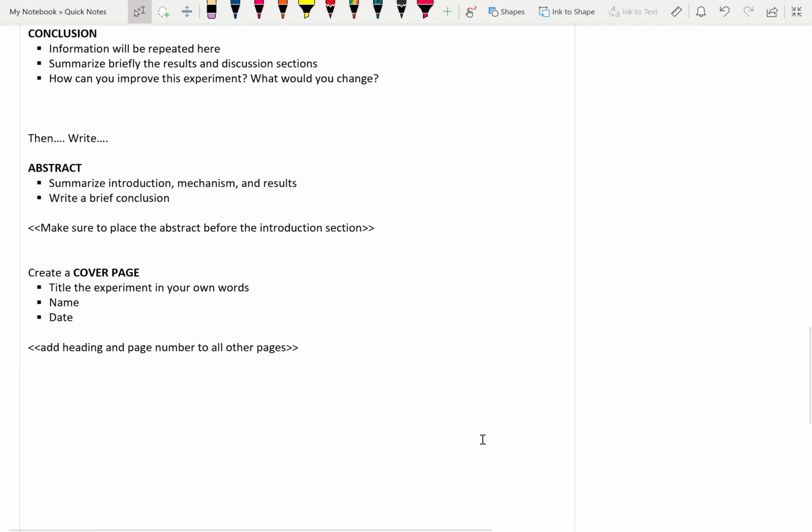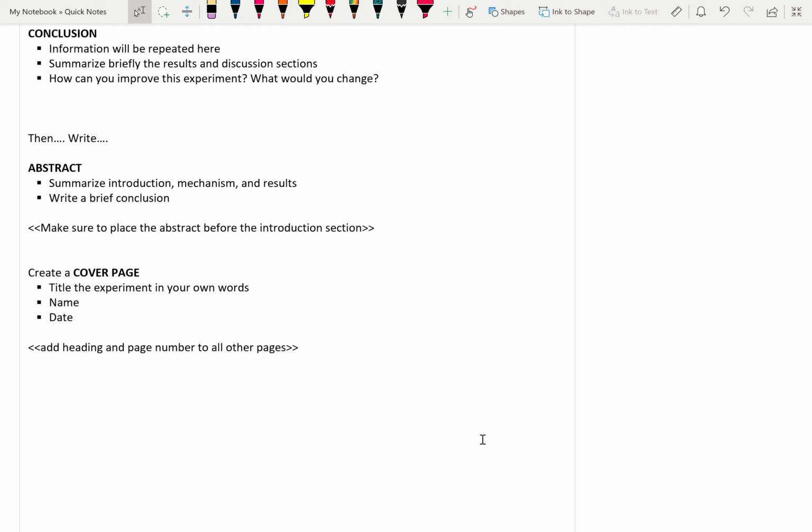Please, once you are done, if I were you, I would print this packet and I would read it. Not the same day, the next day. Make sure you just read through the whole thing. Look for any grammar errors. If you have any grammar errors, those will be points taken off. You don't want to lose points for unnecessary reasons. So please read the whole thing over.